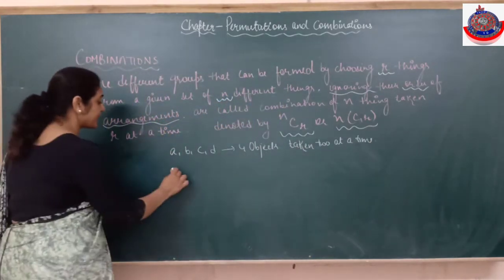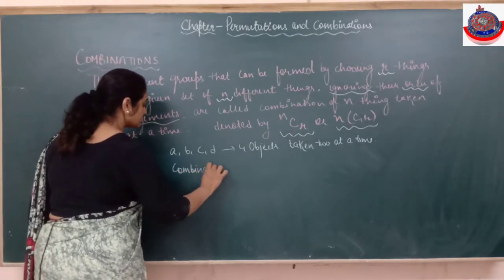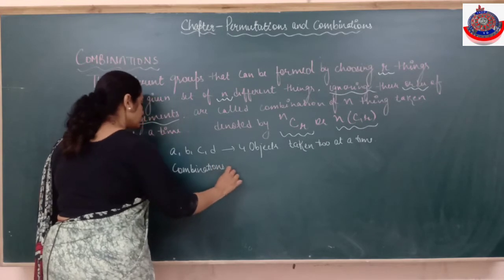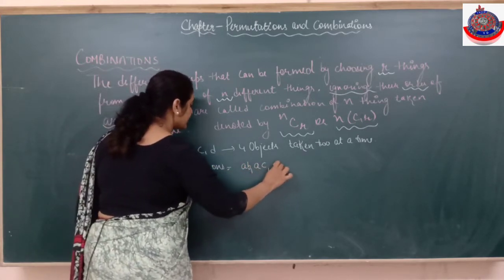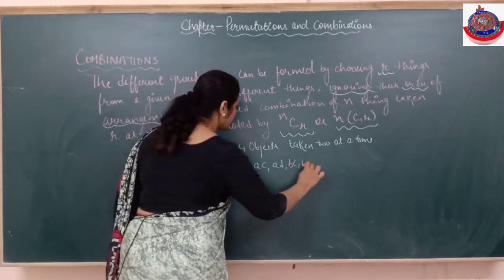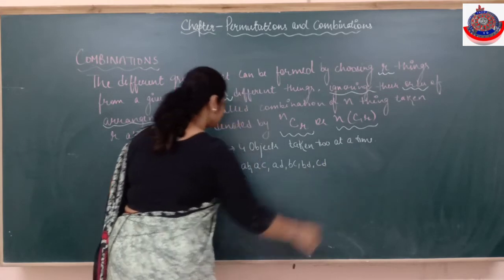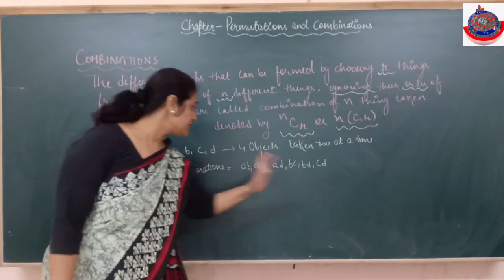So what combinations will be formed? Possible combinations are AB, AC, AD, BC, BD or CD. Clear? These are the possible combinations.